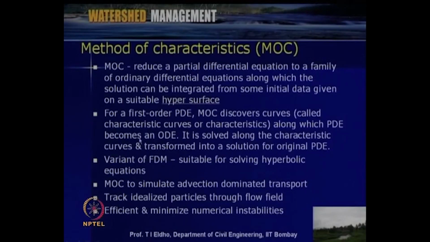For a first order partial differential equation, the method of characteristics discovers curves, so-called characteristic curves or characteristics, along which partial differential equations become ordinary differential equations. So we do certain transformations, and it is then solved along the characteristic curves and transformed into a solution for the original partial differential equations. The first step is to transform the partial differential equation to an ordinary differential equation by defining the characteristics, and then we solve the transformed governing equations along the characteristics.